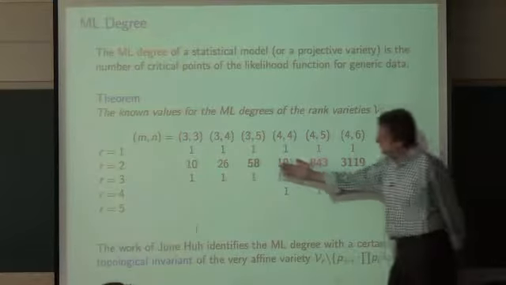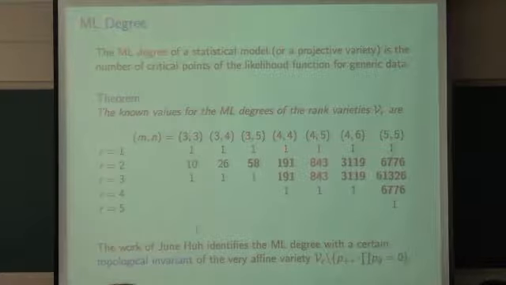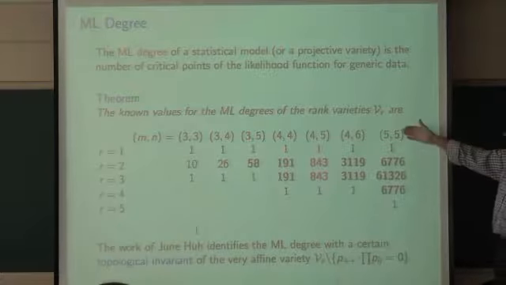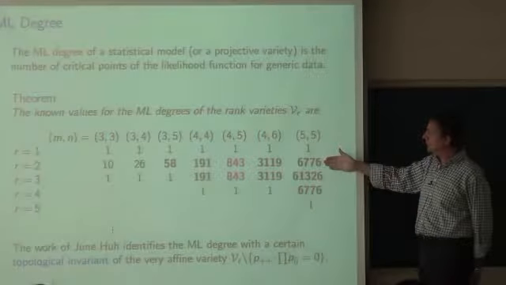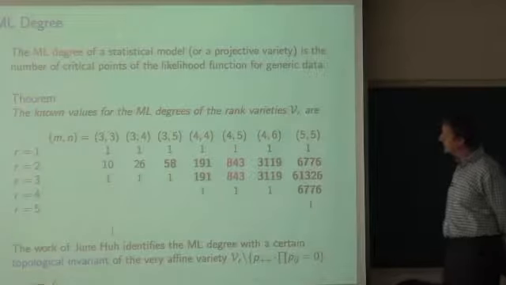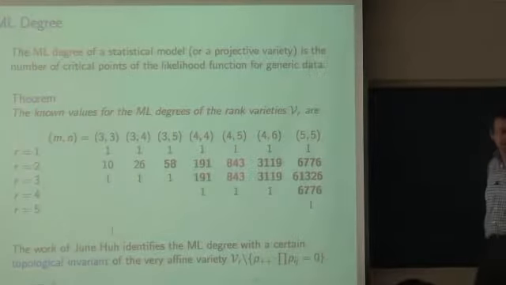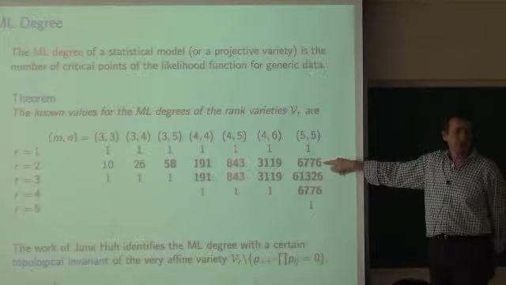Now we were able to get these larger numbers using numerical computation, which I will explain. So for example, if you have a 5 by 5 matrix and you're interested in the rank 2 model, then the ML degree is 6,776. This is the expected number of complex critical points.